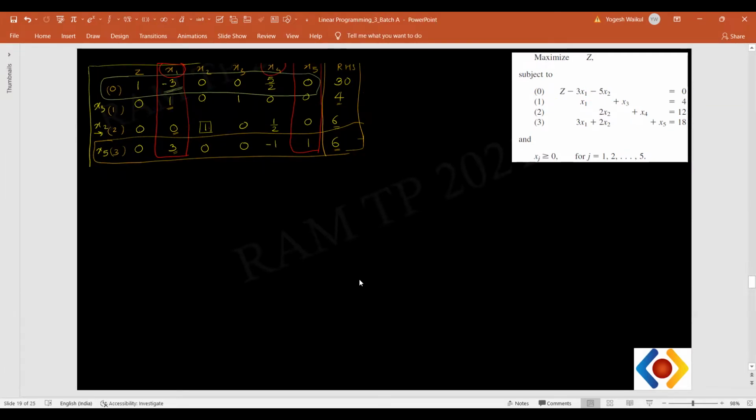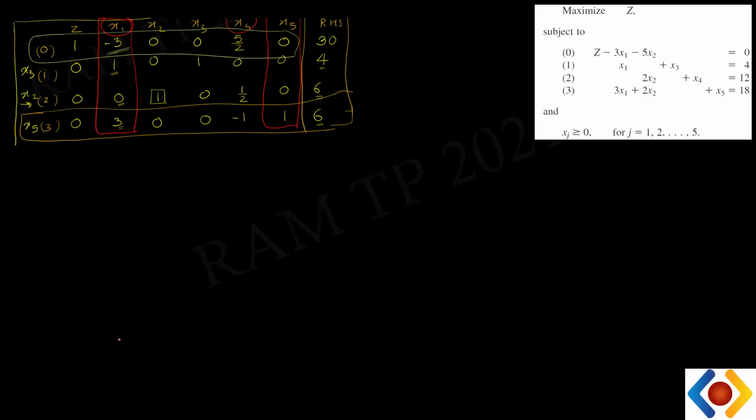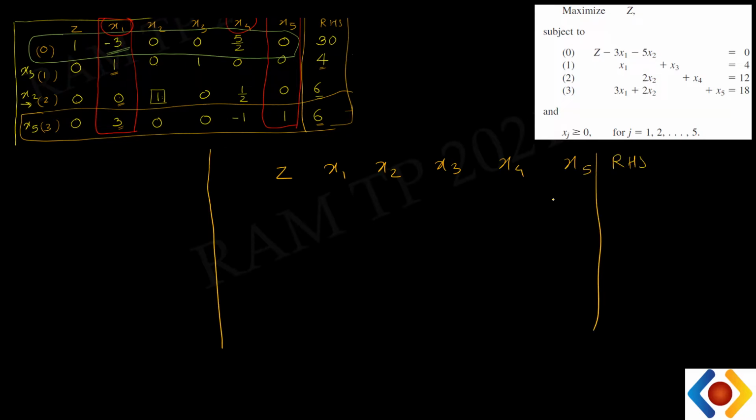I will first make the table and then you can help me with the transformations. Let's keep this space for the transformations. So z, x1, x2, x3, x4, x5, and then the right hand side.